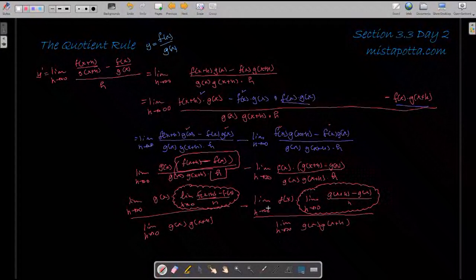And three, when I take the limit of this denominator, it's just g of x times g of x, or g of x squared.